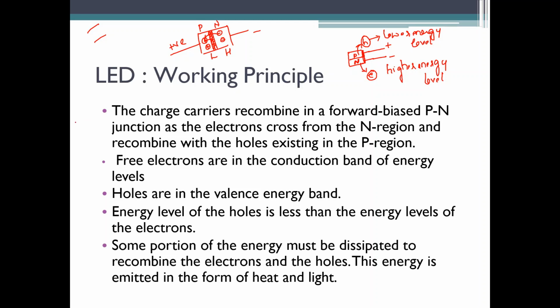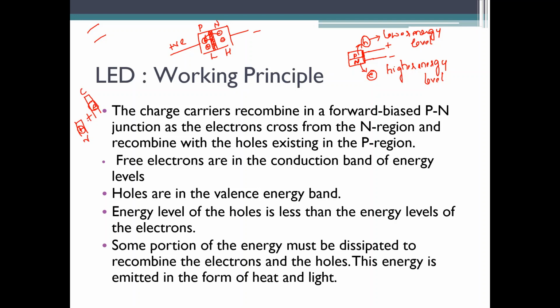Now understand this particular simple concept. Your holes are at a lower energy level and your electrons are at a higher energy level. This is in the valence band, this is in the conduction band. Now if both should combine, what is the normal criteria for them to combine?